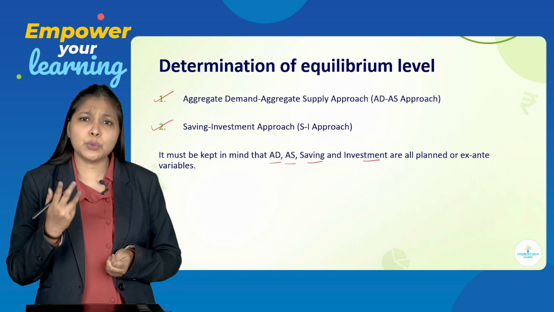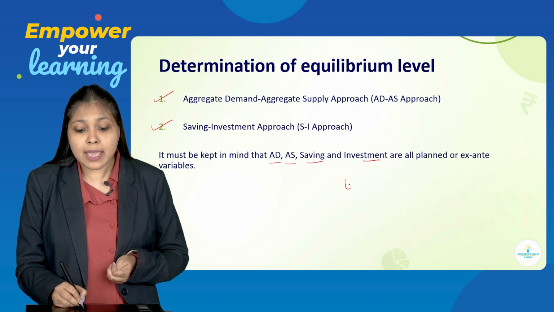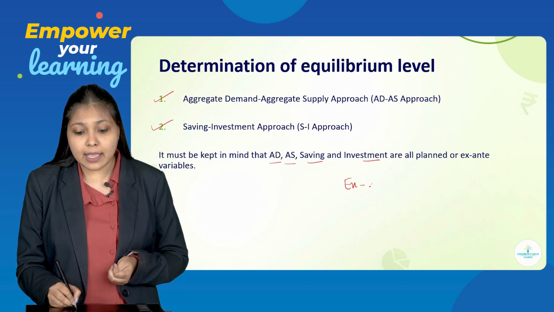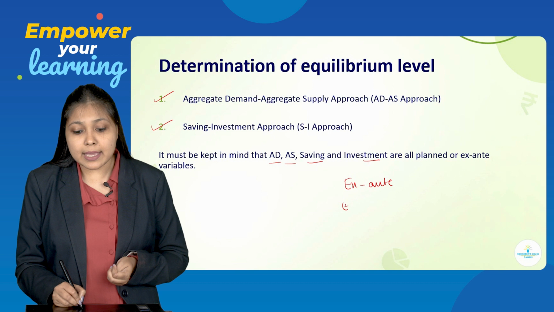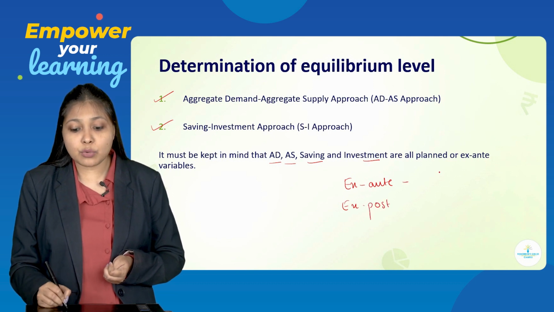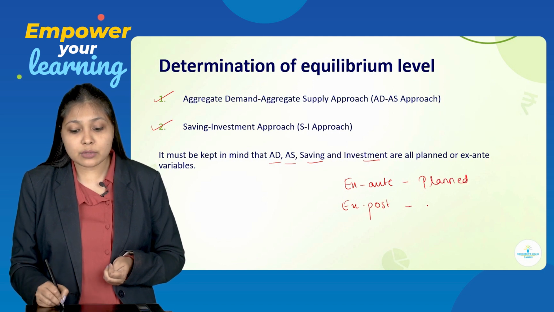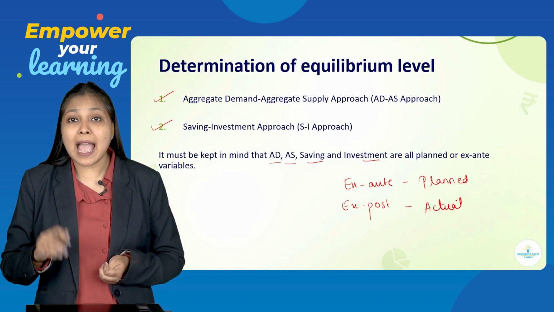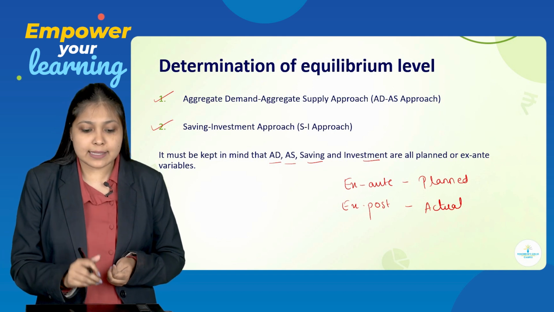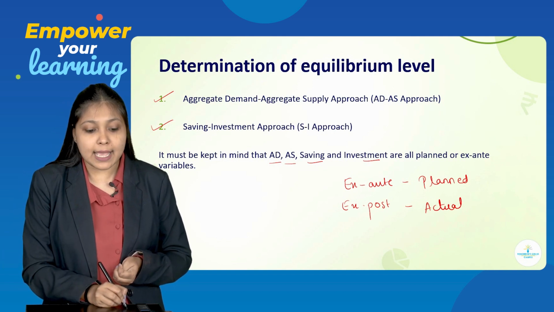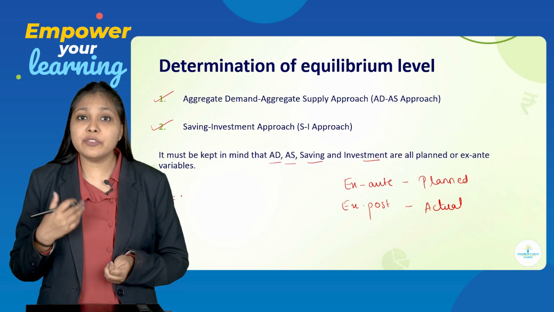See students, there are two very important terms. First is ex ante and another one is ex post. Ex ante variables are those variables which are planned and ex post variables are those variables which are actually done. For example, there is one boy called Ram.